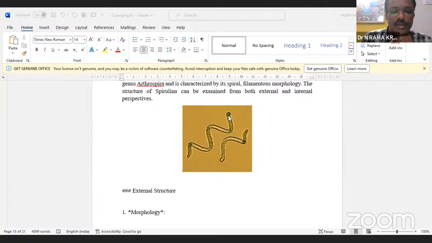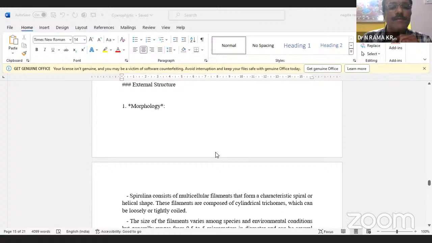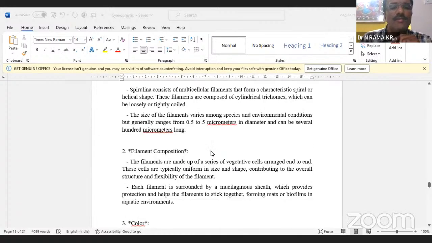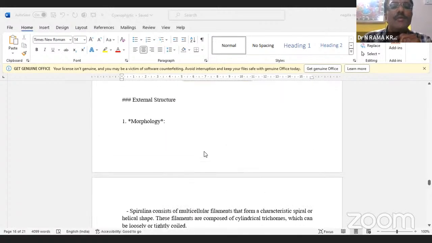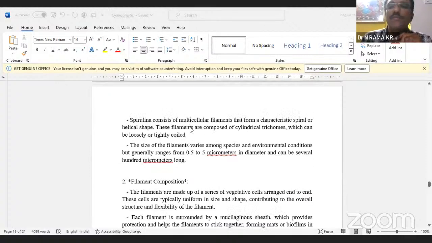Reproduction is vegetative, asexual and sexual. Now you see here I am showing the morphological structures, very simple, in Spirulina.